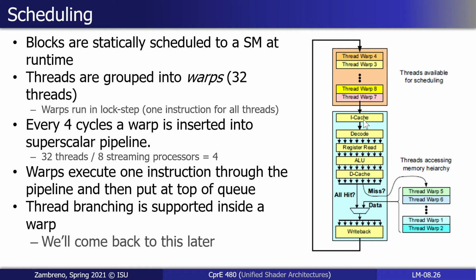In a traditional implementation, think back to your scalar 381 processors, or heck, think to your implementation right now. Instruction cache, decode, register read, ALU. You do a load or store. If you have a miss in your data cache, which is happening to us a lot, right? What do you do in your current implementation? Because we're doing things in a scalar manner, we wait, we stall.